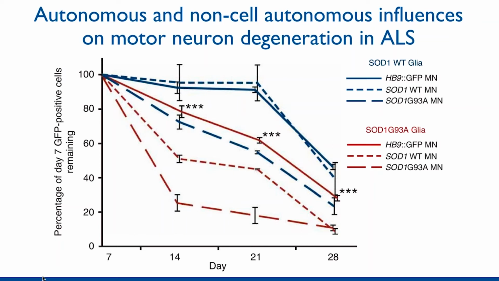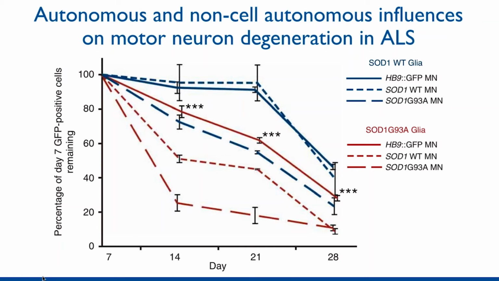So this was a key finding because it suggested that, in fact, there were signals that were coming from these other cell types in the nervous system that carry these mutations, which fundamentally could decrease the survival potential of those motor neurons. But in the red lines, you can also see another interesting phenomenon, which is that if you plate the motor neurons from the ALS animals in any of these different conditions, you can see that they too have an additional decrease in their survival.